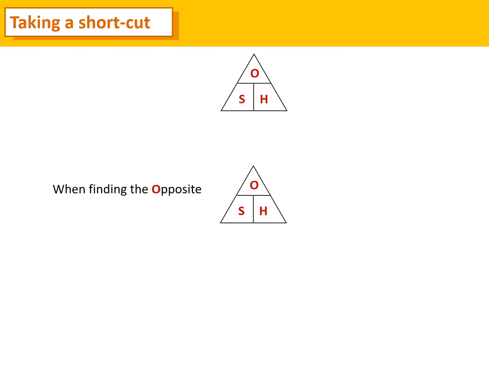If we wish to find the opposite side, we place our finger over the O, and that leaves us with S and H next to each other. And in maths, 2 letters next to each other means multiply by. So the opposite is the sine of the angle multiplied by the hypotenuse.